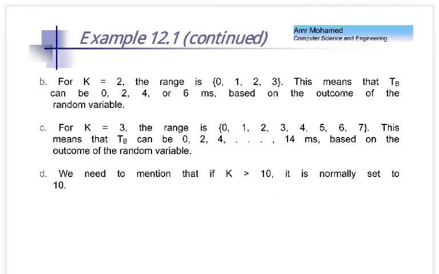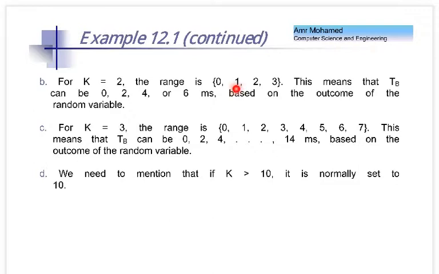If k is equal to 2, then the range will become 0, 1, 2, and 3. So each node will generate a random number within this range. If the random number is 0, then the node will not wait for any time, and it will start transmitting right away.